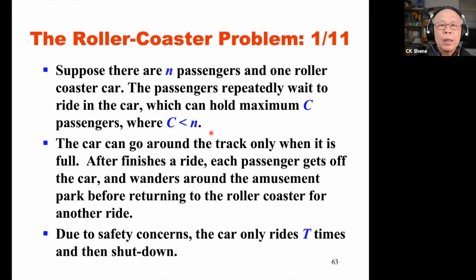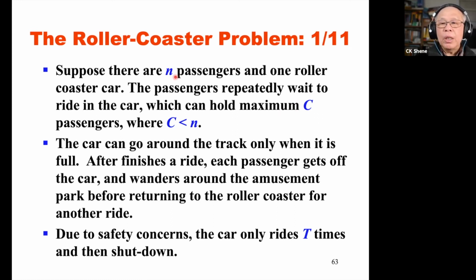Suppose in an amusement park, there is a roller coaster car. This car can hold a maximum of C passengers. And there are impossibly many passengers wandering around in the amusement park.